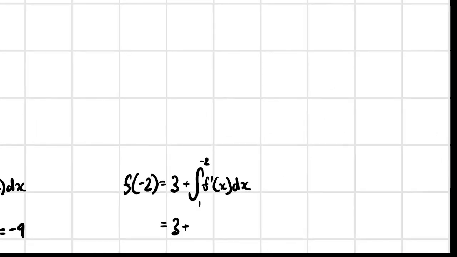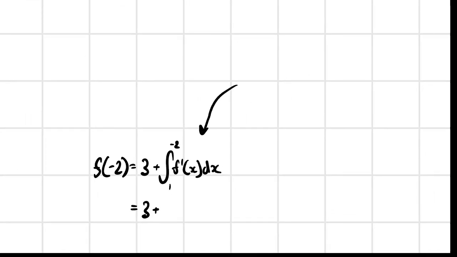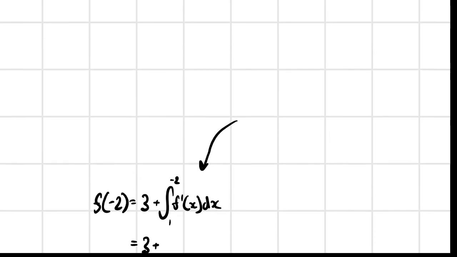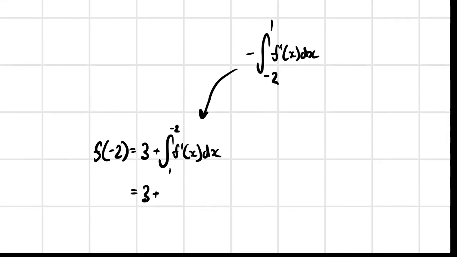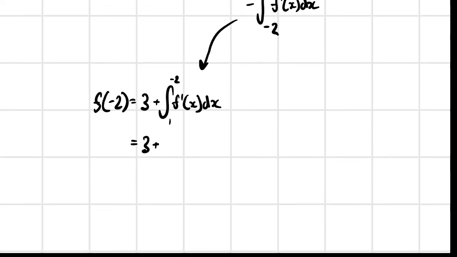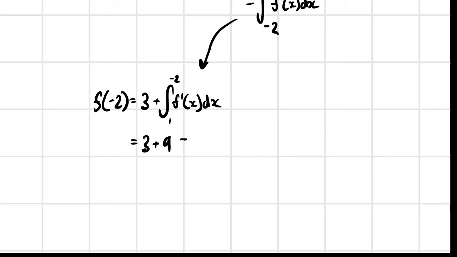Because backwards doesn't really make too much sense, we could say the negative integral from negative 2 to 1 of f prime of x dx. That's just one of your basic rules. So in this case, remember, the area itself is 9, but because we're going backwards, instead of doing negative 9, we're just going to do our positive 9 and get 12.